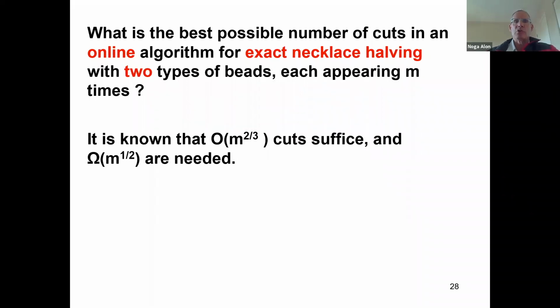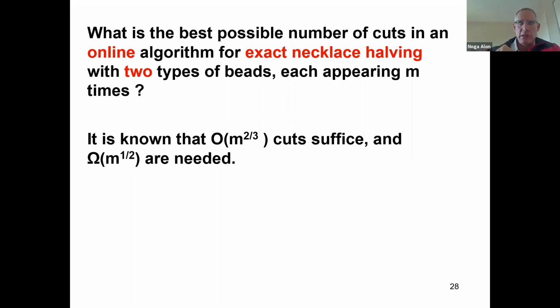And the last question that I want to mention, which should be easy, but for some reason we didn't see how to do it. So in the online model, if we have only 2 types of beads, then in the argument, as I showed you, for the lower bound, it seems that we need the 3rd type, but we couldn't improve the upper bound also. So what is the truth for 2 types of beads, each appearing m times in this online model?